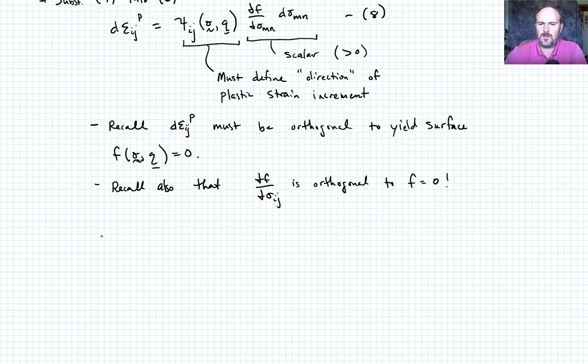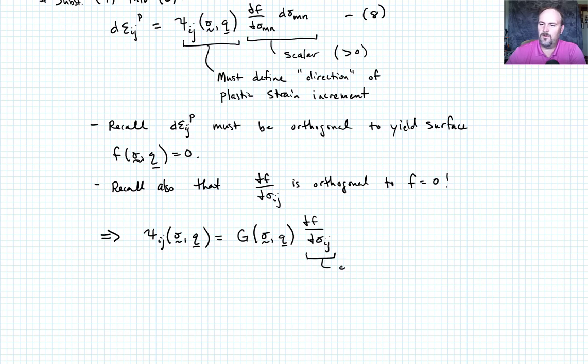All of these features imply that I can write that psi ij of sigma and q could be equal to some scalar valued function of sigma and q times this partial. Why do we know that?